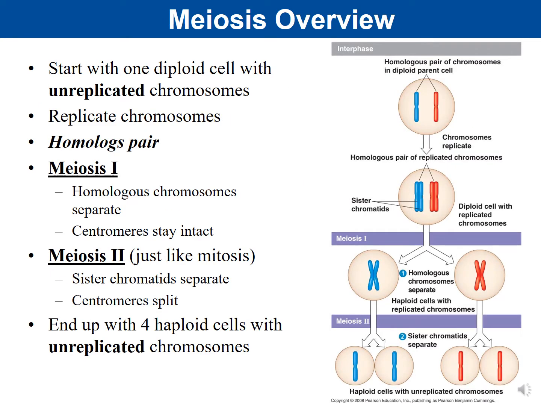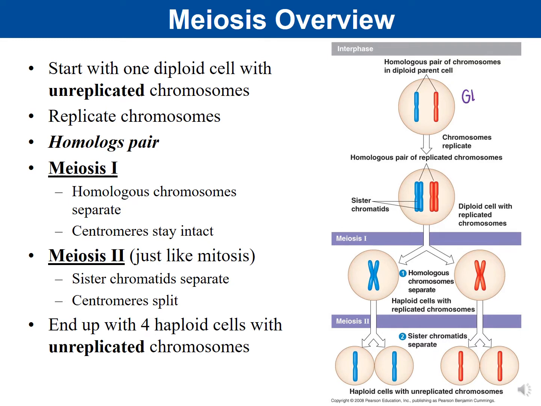So we're going to start by going through an overview of how meiosis works. And so again, we need some terms and what happens in each of these cells. So just like mitosis, meiosis is going to begin with interphase. So G1, S, G2. So what this is showing you, this cell here is in G1.